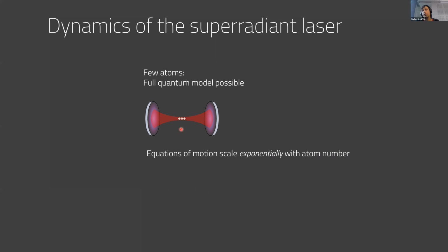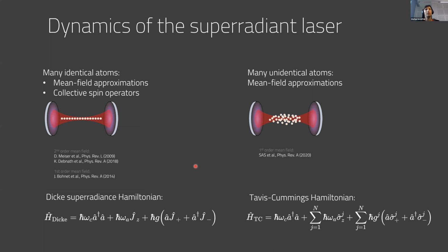Especially if we use very narrow transitions, like for example the millihertz transition in strontium. It's not a lot of photons that would be emitted if we just had a few atoms in the system, even if they were re-excited once they had emitted light. And the equations of motion to describe this scale exponentially with the atom number.